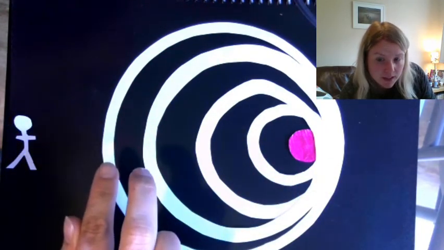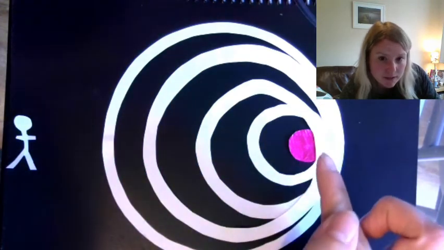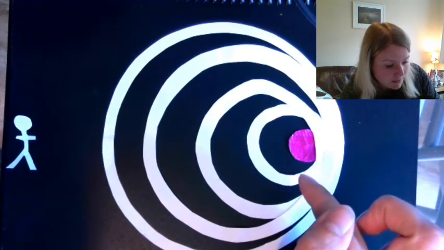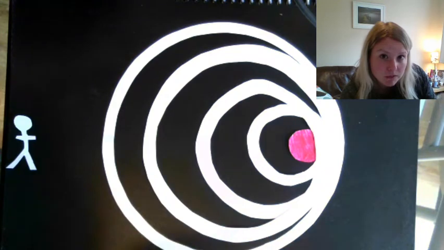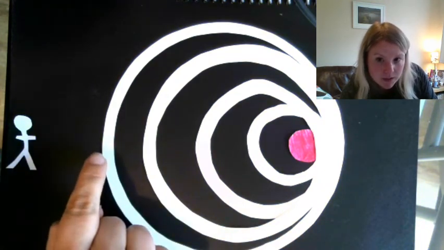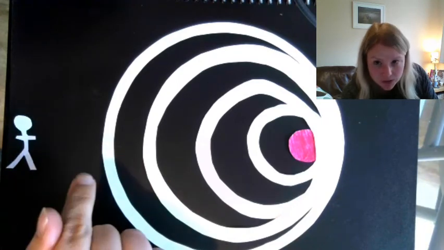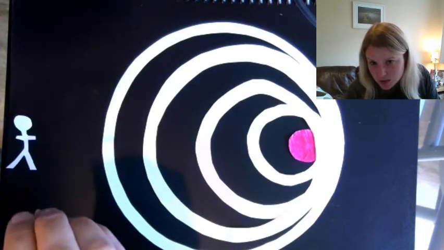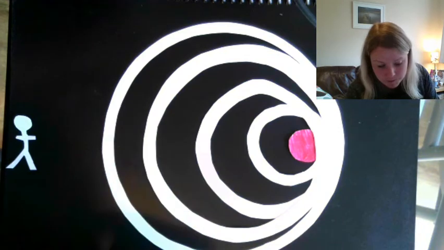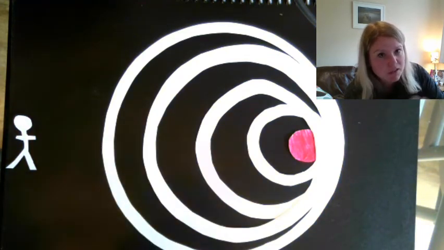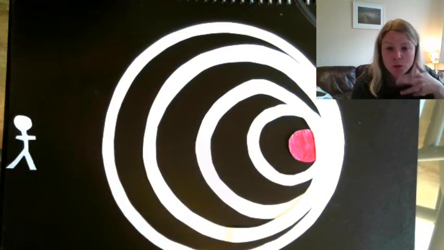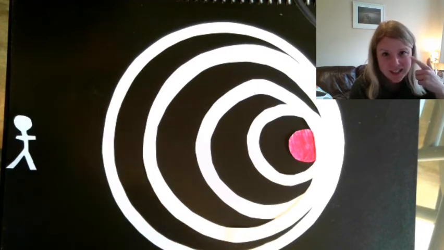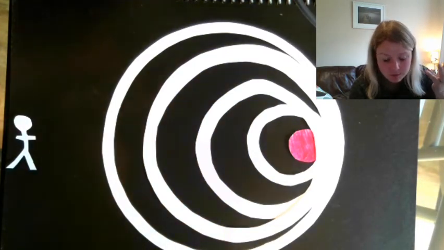If you're standing over here and the light source is moving away from you, then the waves that you see have a longer wavelength than the source was actually emitting. And if you remember, the longer wavelength side was the red end of the spectrum. So the light that you're seeing here is redder than the original source is giving out. Now, in everyday life, because the objects on Earth are not moving that quickly, you don't actually see any visible difference.